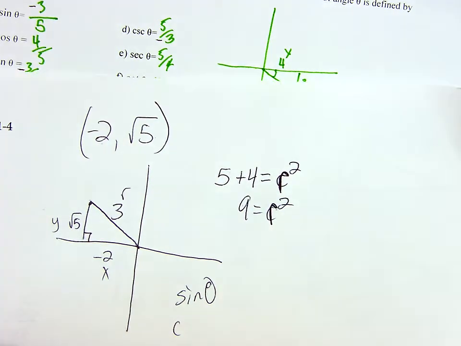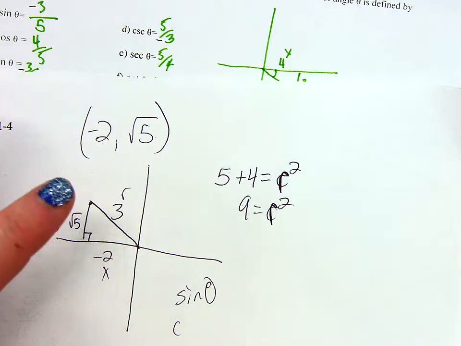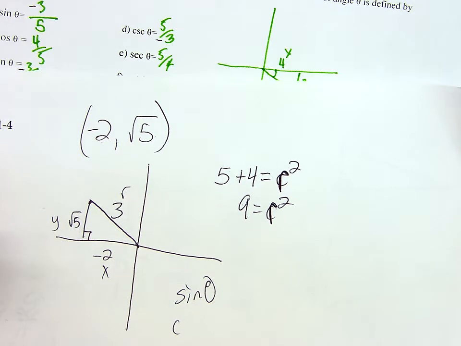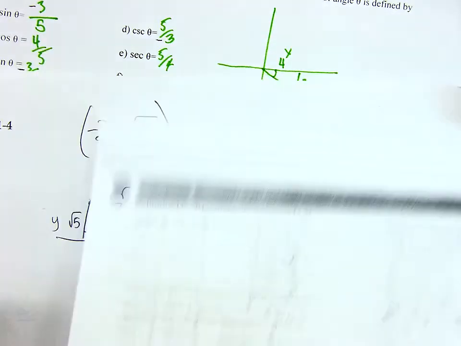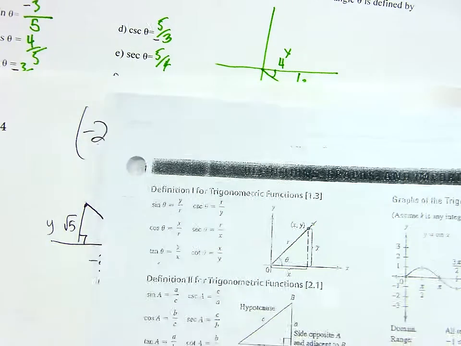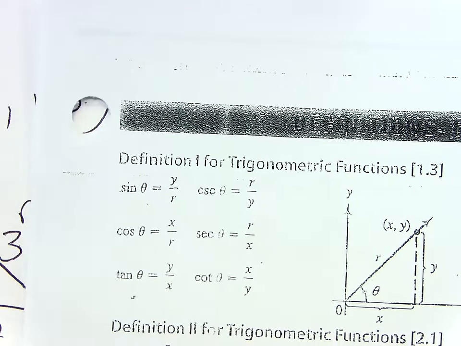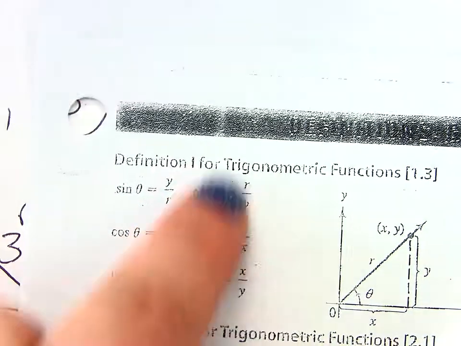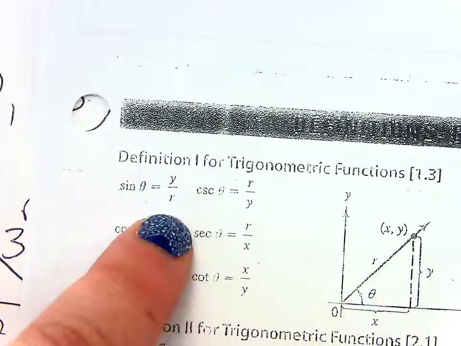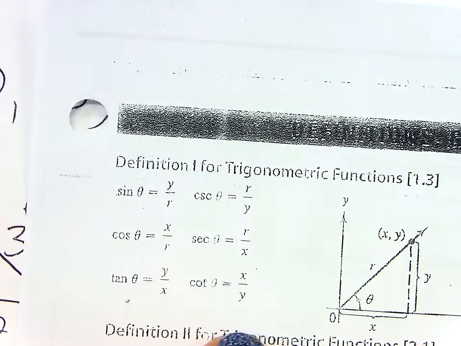So now I can use my reference sheet and you'll see right on the reference sheet right here in this first little box, it gives you all of your, there's your 6 trig functions, and then you just pop in the 2 that you have on each one.